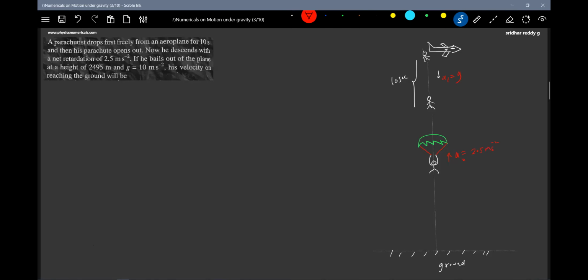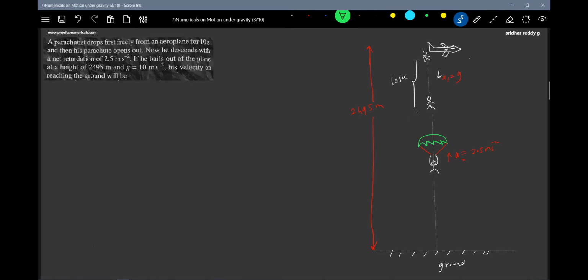This is the height at which he will bail out. Its velocity on reaching the ground is what we need.